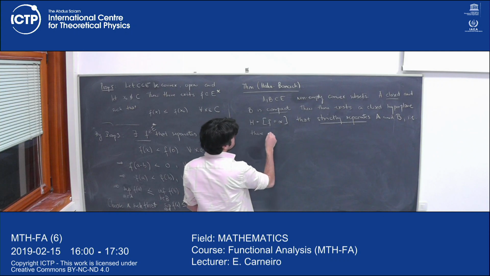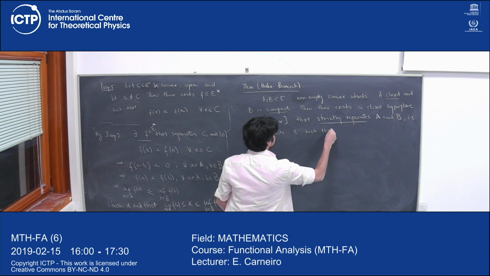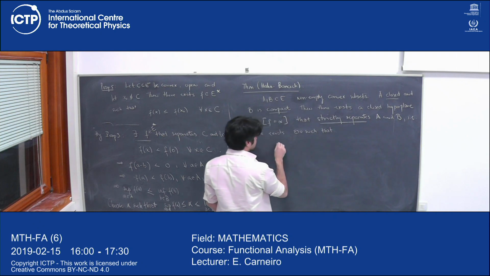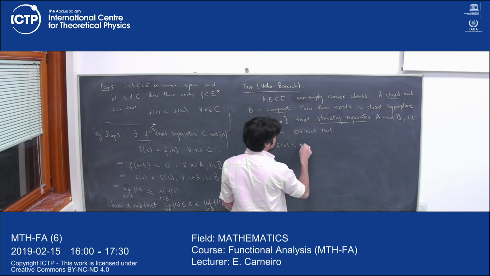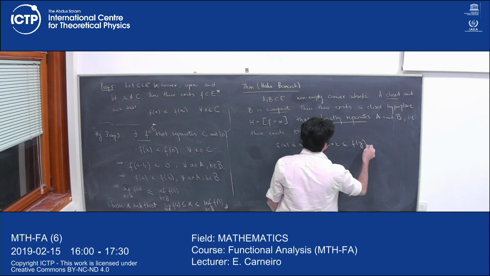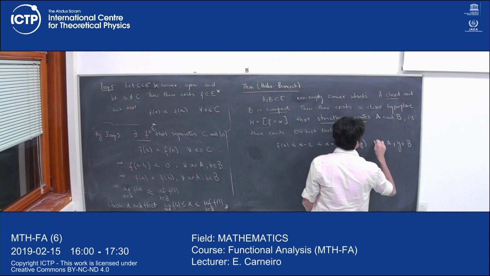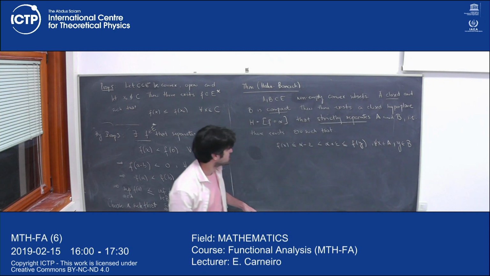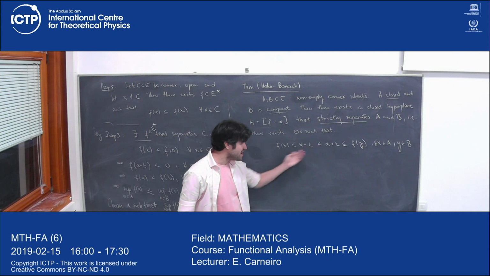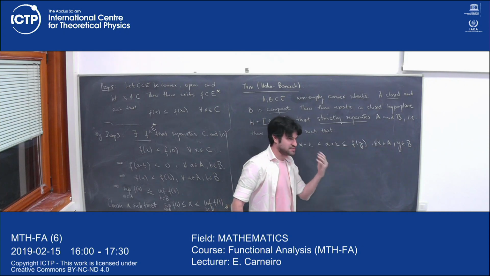So there exists epsilon positive such that f of x is less than alpha minus epsilon, and f of y is bigger than alpha plus epsilon, for any x in A and y in B. So now not only is f of x less than or equal to alpha, but it is less than alpha minus epsilon, and f of y for y in B is bigger than alpha plus epsilon.